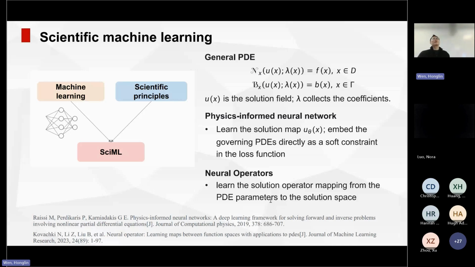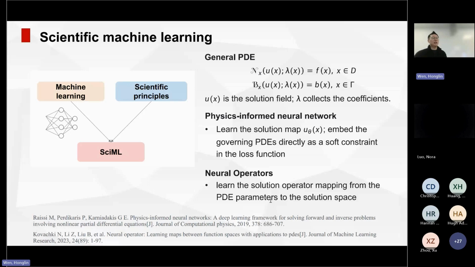Generally, for most scientific problems, we have some PDE models, some governing equations like the Navier-Stokes equations, or even only some algebraic equations. You have equations that may evolve over time or space, and that constrains the data you will observe.